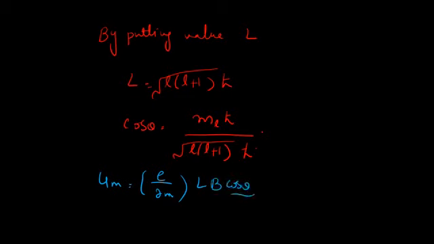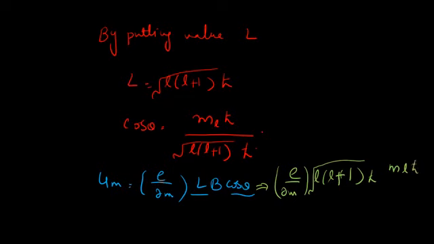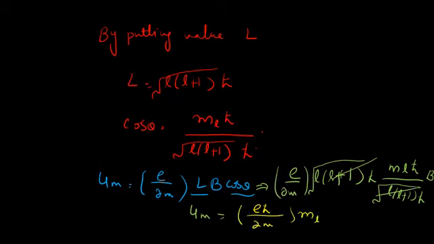Putting the value of cos theta and L, the potential energy will be equal to E by 2m into under root L into L plus 1 h cut into ML h cut divided by under root L into L plus 1 h cut into B. So these values will cancel each other, then the potential energy will be equal to E h cut divided by 2m into ML B.